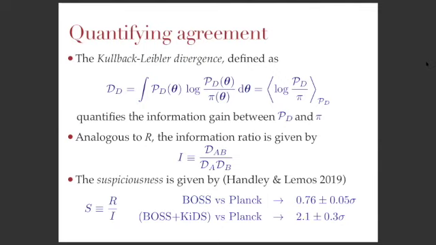This tension is only 0.7 sigma, which is perfectly fine. If you look at the combination of BOSS and KiDS, then the degree of tension between this low redshift data and Planck is at the level of 2 sigma. So this is still not huge, but it's interesting, I would say.